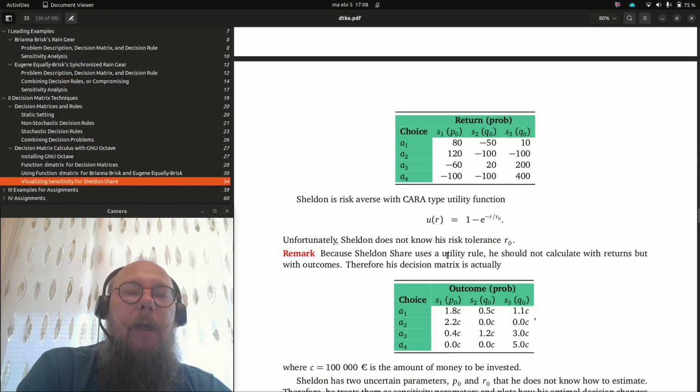The utility rule has to be used this way because it is not linear, so this transformation will give different results than if you use the returns as such. So utilities should not be used for returns, but actual outcomes.